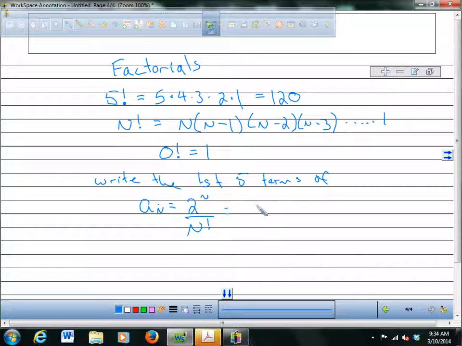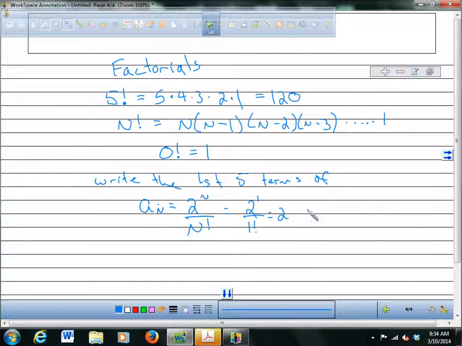The first term would look like 2 to the 1 over 1 factorial. What's that equal to? Over 1 factorial, and that's just equal to 2.